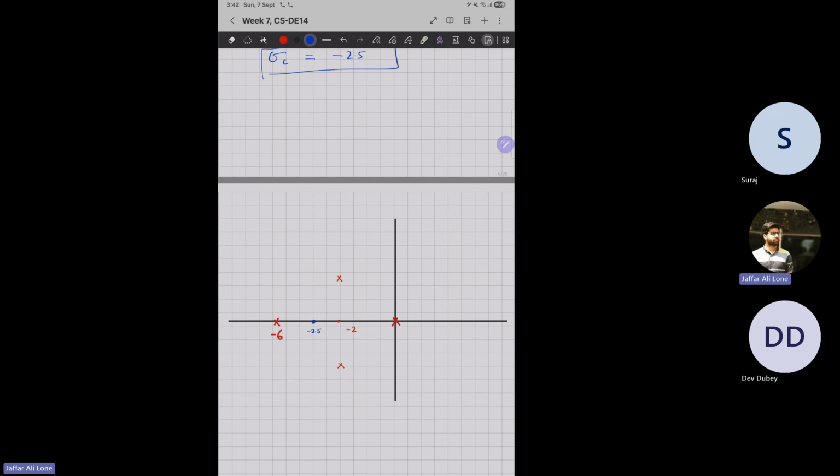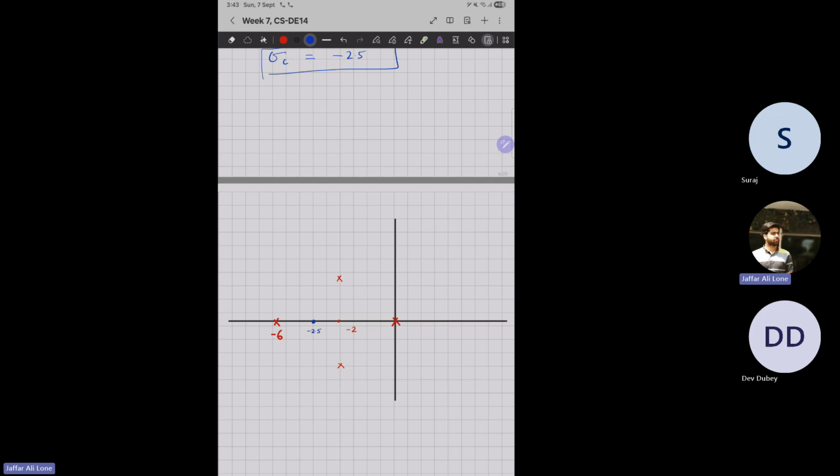And at centroid, I have to plot angles, as the centroid gives me the intersection of asymptotes. So at this centroid, I will make 4 angles, which is given by 45, 135, 225, and 315.